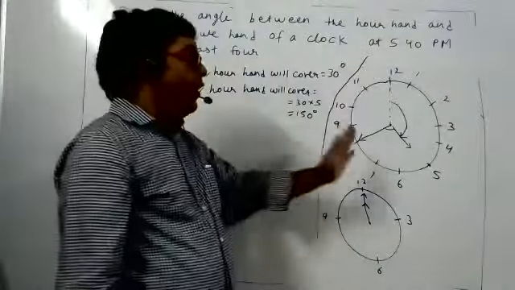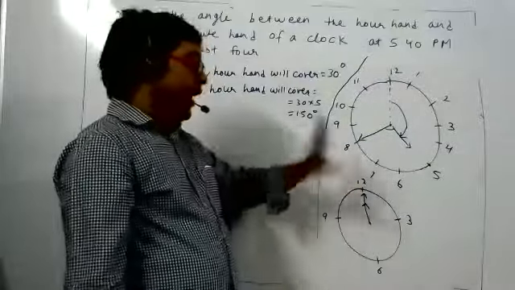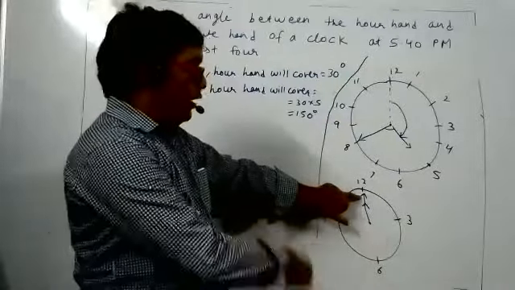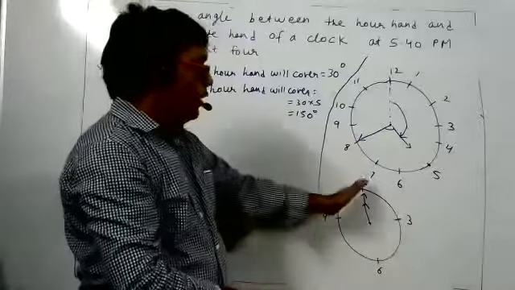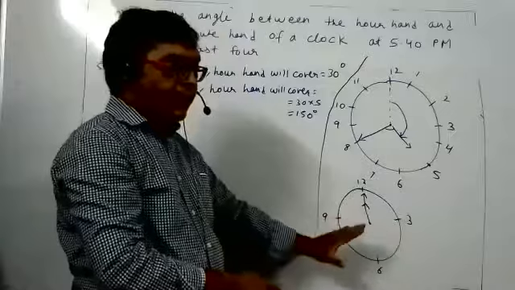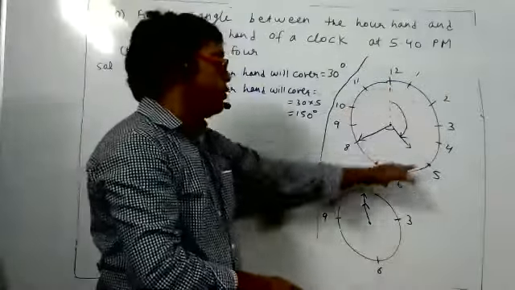To become 540, the minute hand has to rotate so many times, but that is not the point. I'm saying that from 12 in one go it has to reach 8, so in one way it has to cover 40 minutes only. If any doubt is there, I will discuss later. So from here the position has to go to 8.